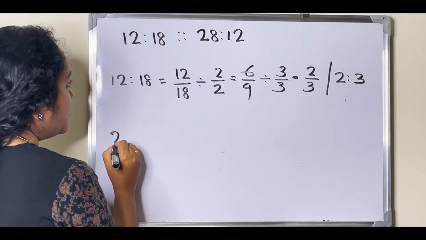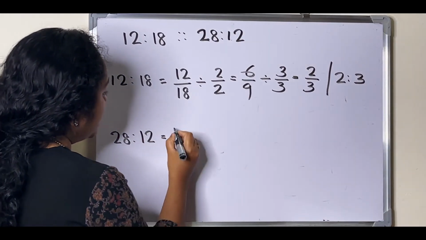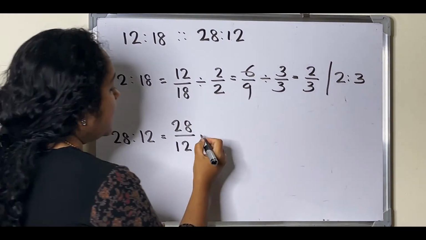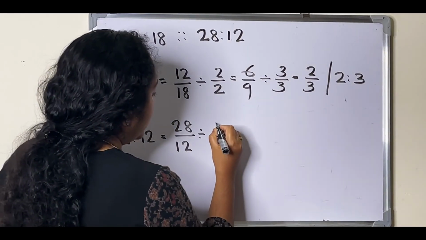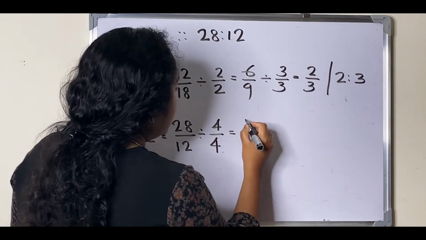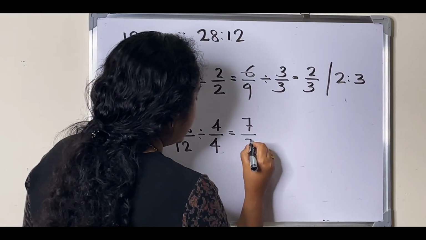Next one is 28 is to 12. That is equal to 28 by 12 divided by both 4. We get 7 fours are 28 and 3 fours are 12.